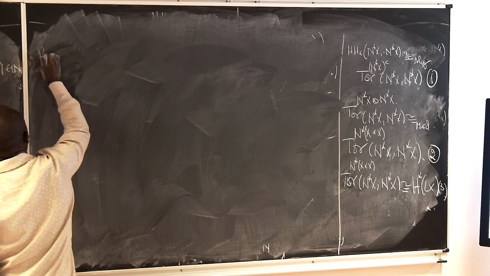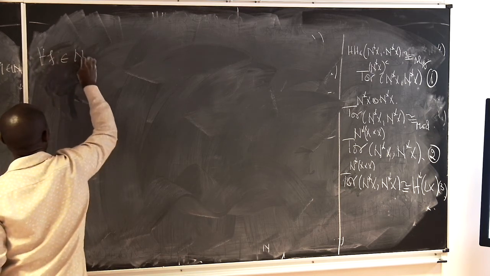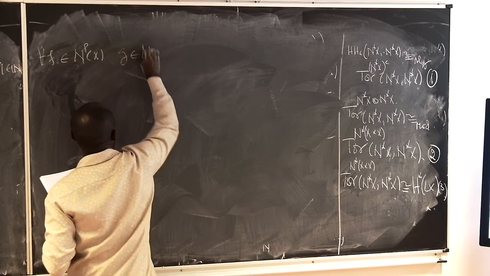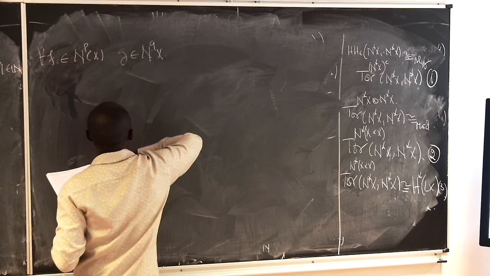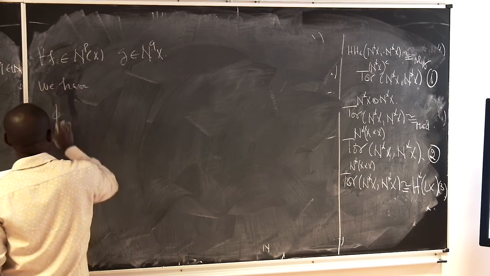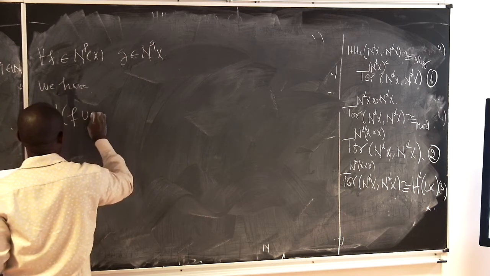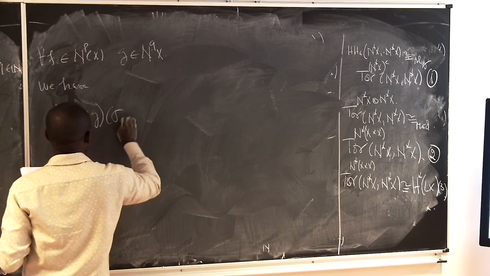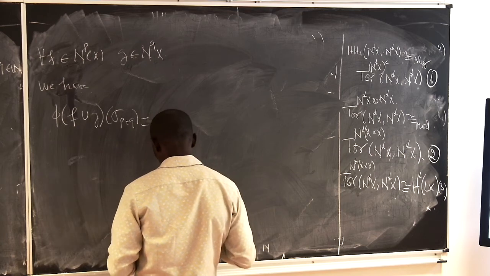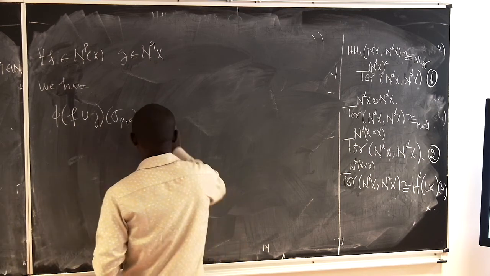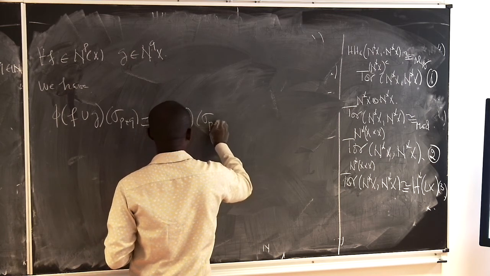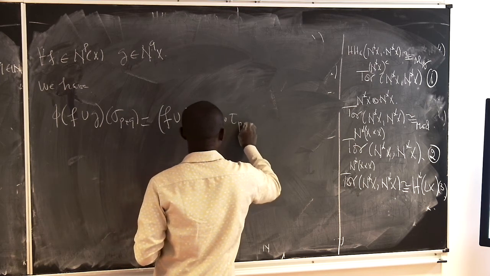So you consider here f in N^p of X and g in N^q of X. We have here Phi of f cup g applied to sigma p plus q is equal to what? According to the definition that I gave you here, is equal to f cup g applied to sigma p plus q composite by 2 p plus q.